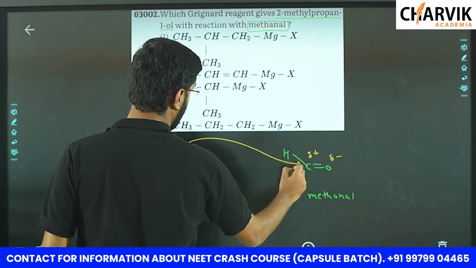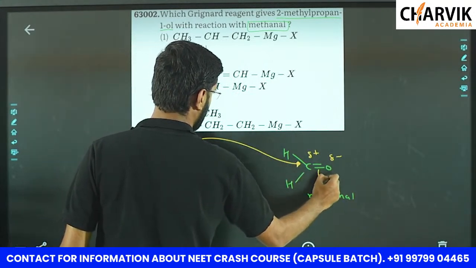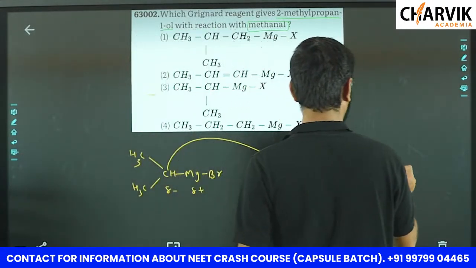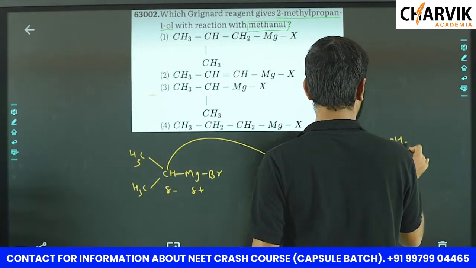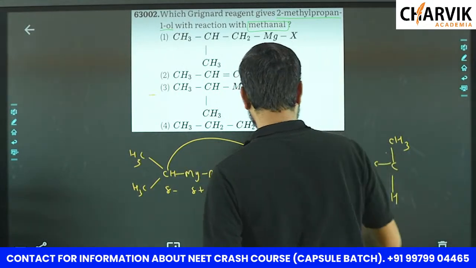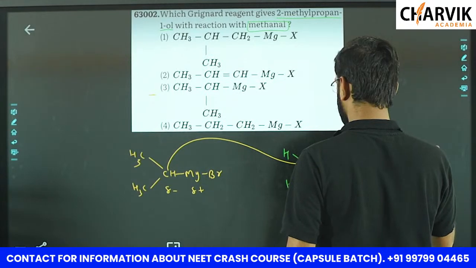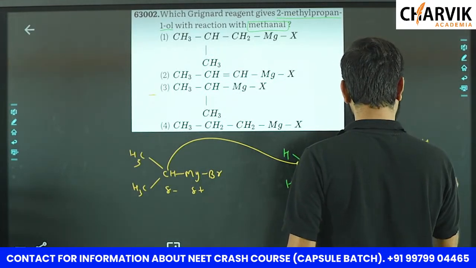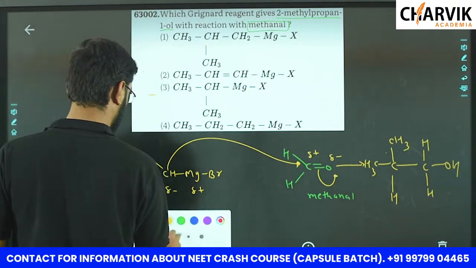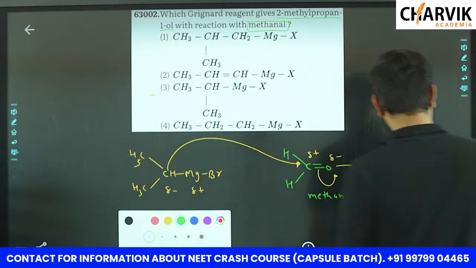This Grignard reagent attacks on this carbon and this bond will open and you will get CH3, CH, CH3. One hydrogen is there and it will react with CH2OH.